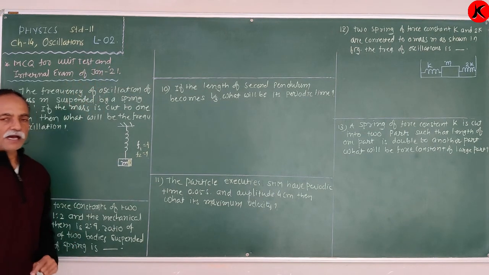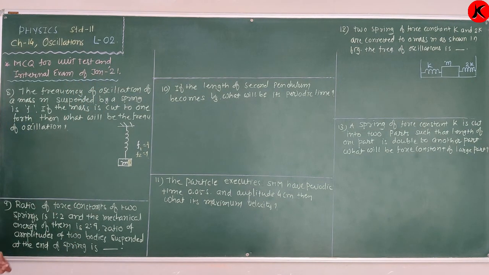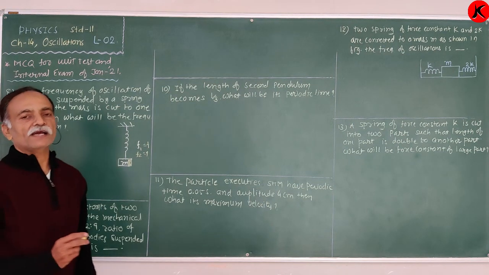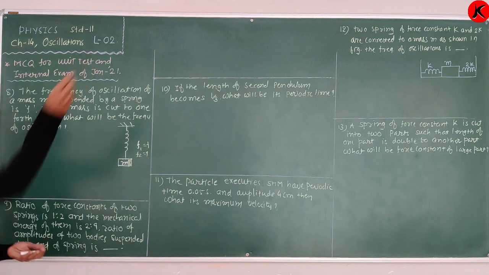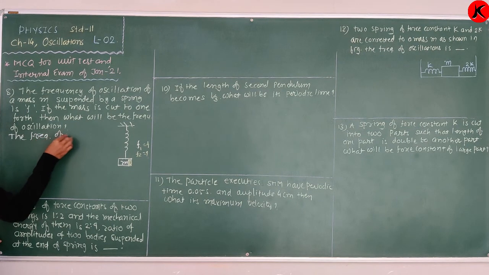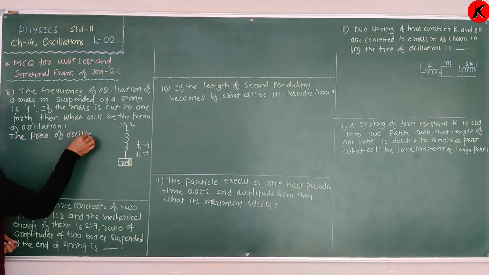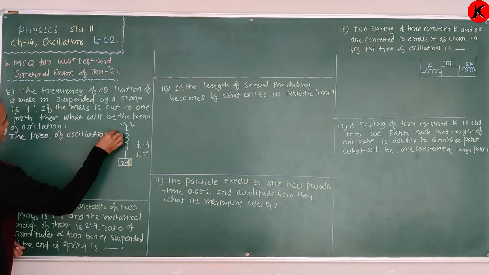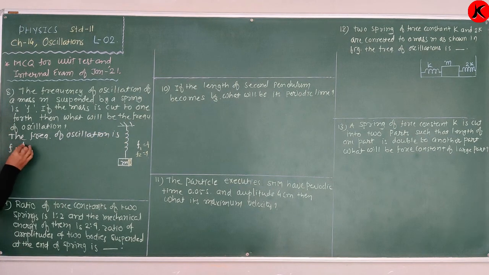Now we know that the frequency of the oscillation of a spring is F equal to 1/2 pi under root of K upon M. Now listen, the spring does not change, therefore the force constant is not changed.